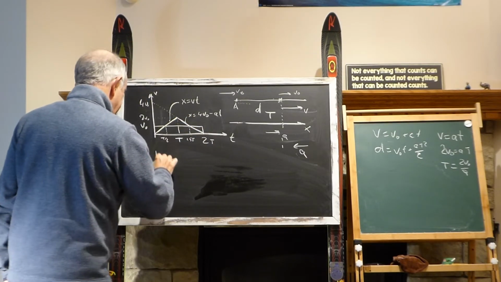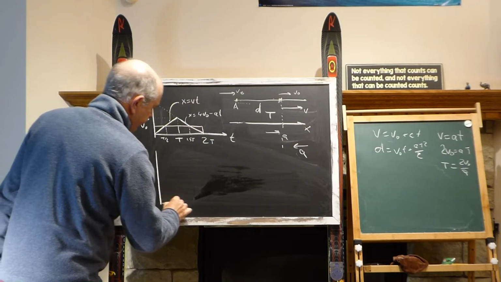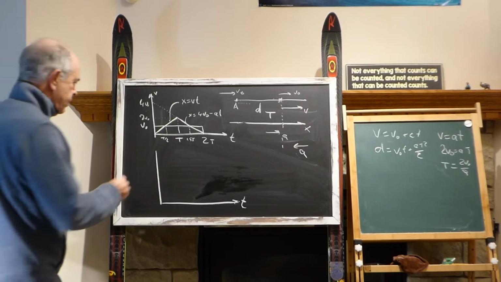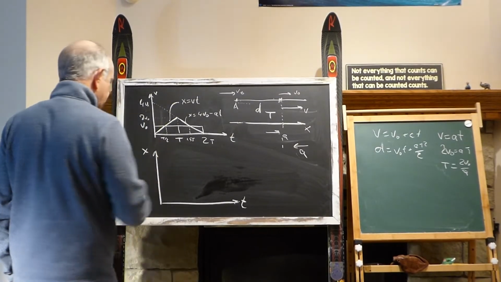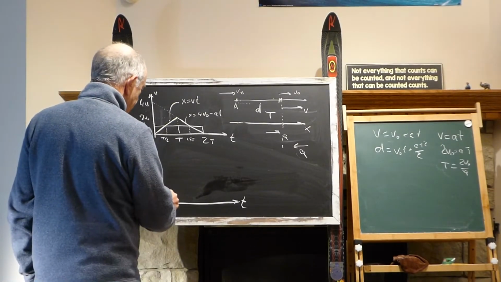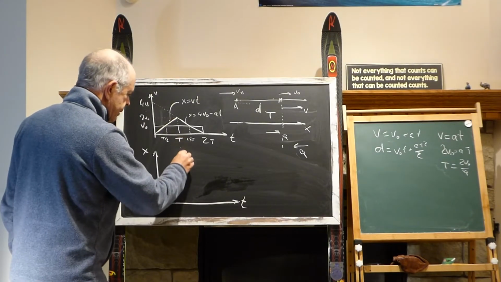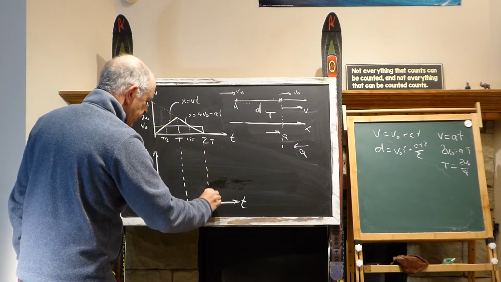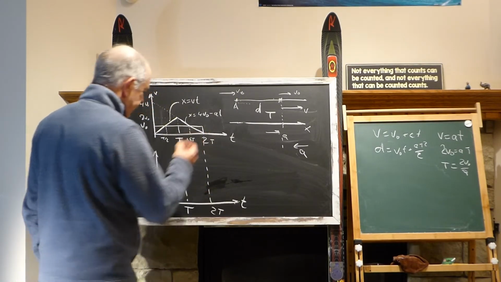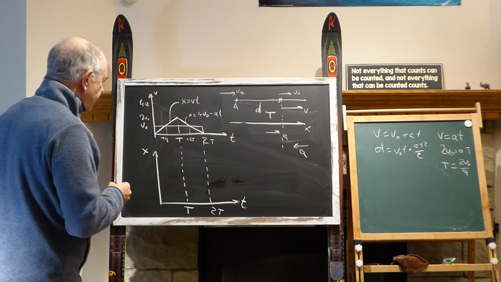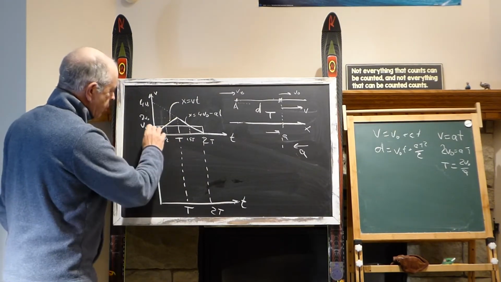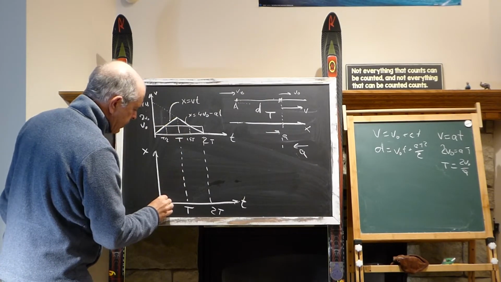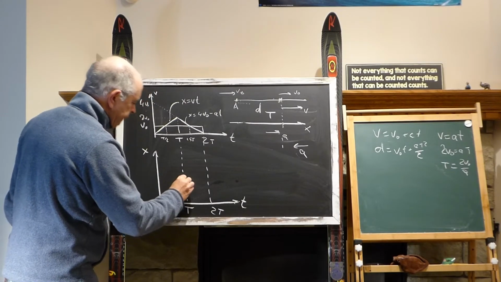And now they want us to build the graph of distance. And distance is x. And what will happen is that this is the moment t, and this is another moment 2t. So one under another, and we know that x for the bicycle moving with the same speed would be a straight line.